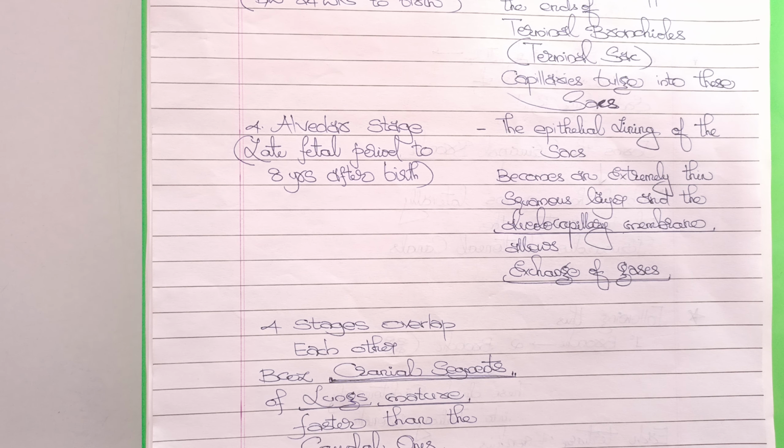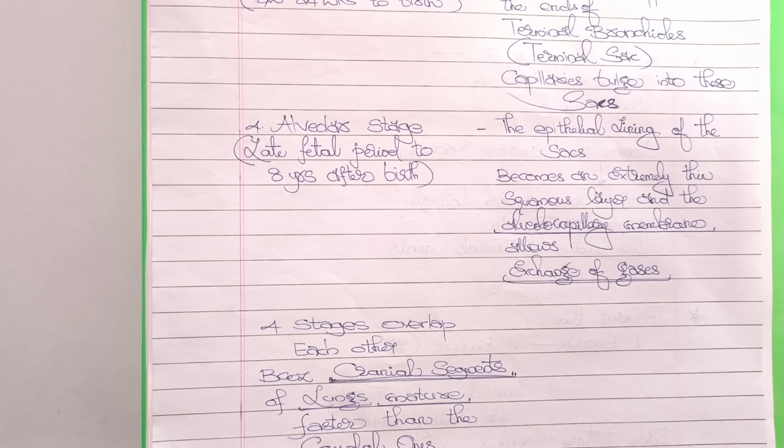Alveolar stage: the epithelial lining of the sacs becomes an extremely thin squamous layer and the alveolo-capillary membrane allows exchange of gases.